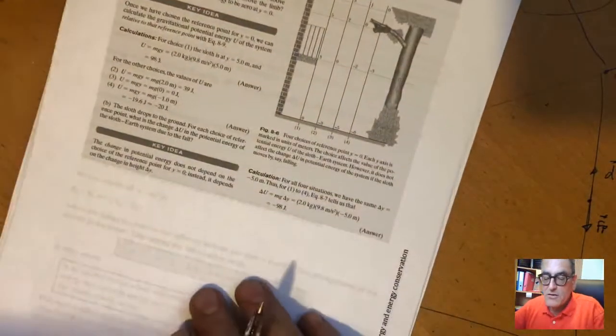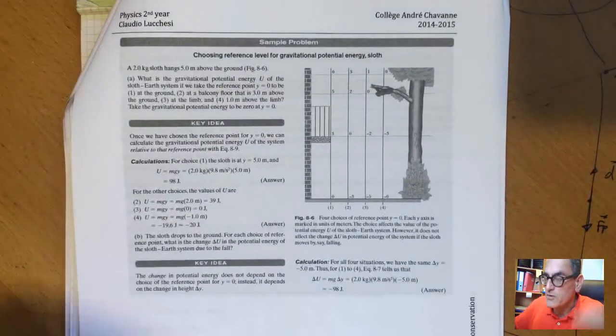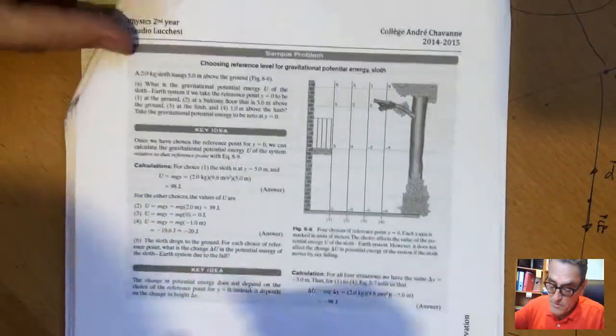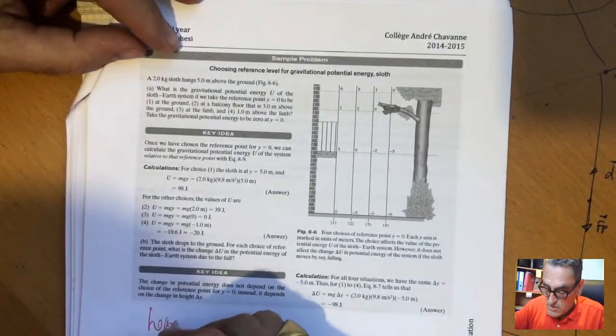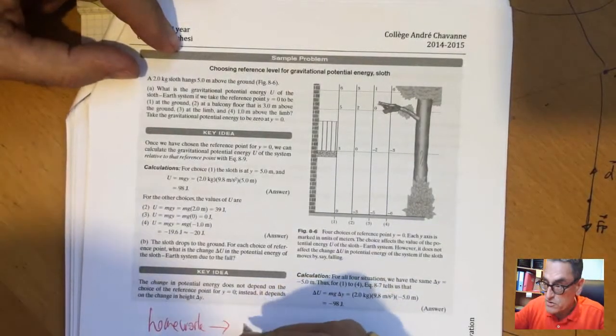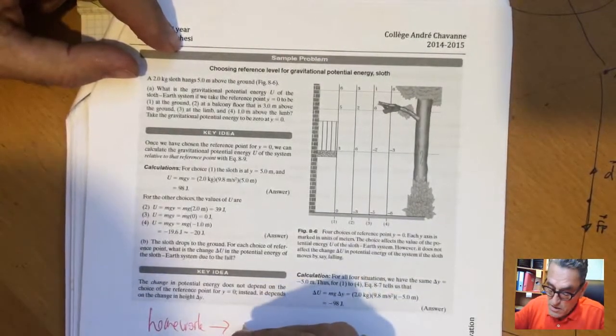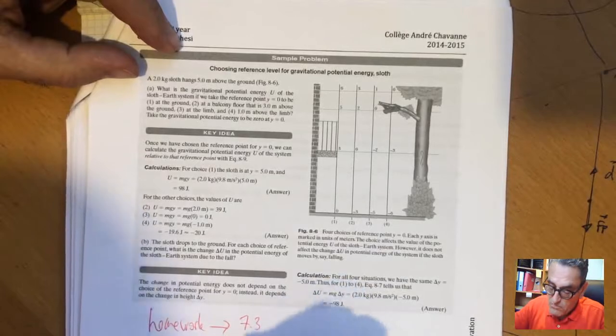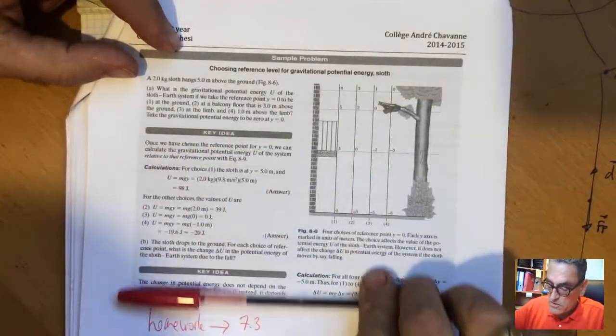Good. Now there is a nice exercise on the next page. I would love you to do that for next time. So let's say you will do this homework for the next time, which is going to be the 7th of March. You have the correction here.